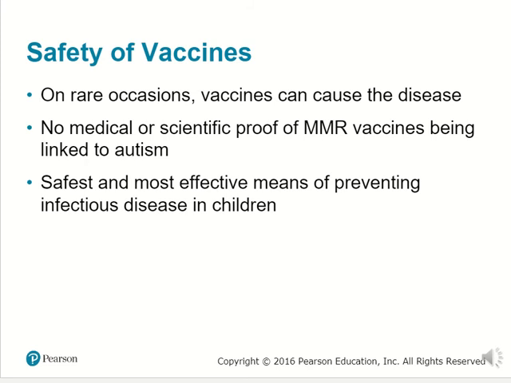Now, as far as the safety of vaccines, there are occasions where vaccines may cause a disease. That's because if you're using a live or attenuated vaccine, an attenuated virus that's very weak may actually replicate and mutate into a more virulent form. However, there has been a misconception that vaccines have been linked to autism, and there has been no medical or scientific research that has shown that vaccines might cause autism.